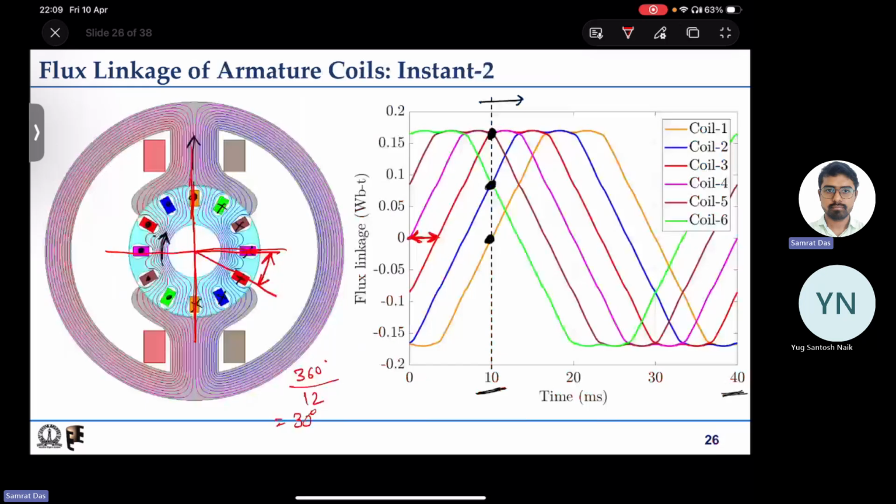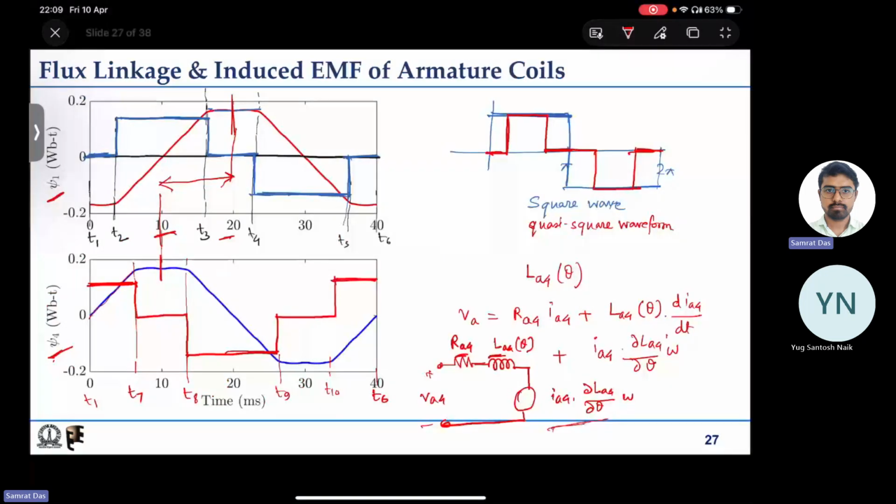Whatever I have discussed till now, it is very clear to you that if the rotor actually rotates, and if you look at the induced EMF of the individual coils, that is a bipolar thing, having some positive induced EMF, positive voltage, at some rotor positions, and it has some negative flux linkage at certain other rotor positions.